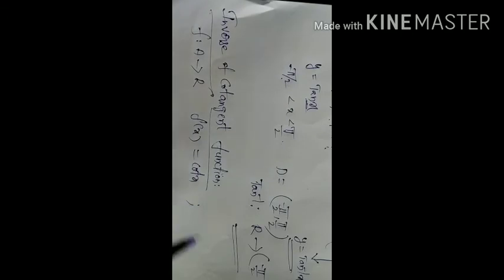This cot function is defined for these values only: A is equal to R minus x such that x is equal to n pi, n belongs to Z. So f from A to R is not a one-one function, but it is an onto function because the range of f is R.